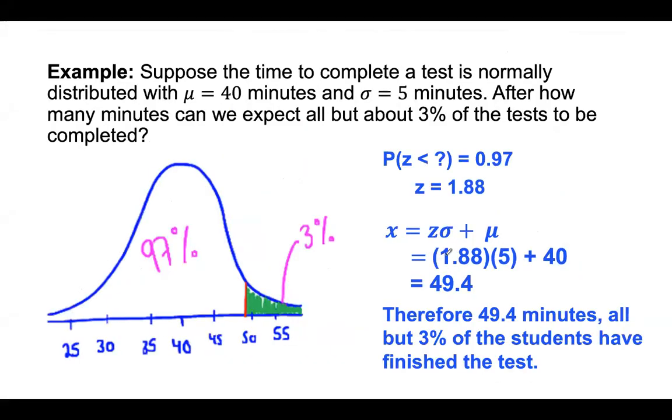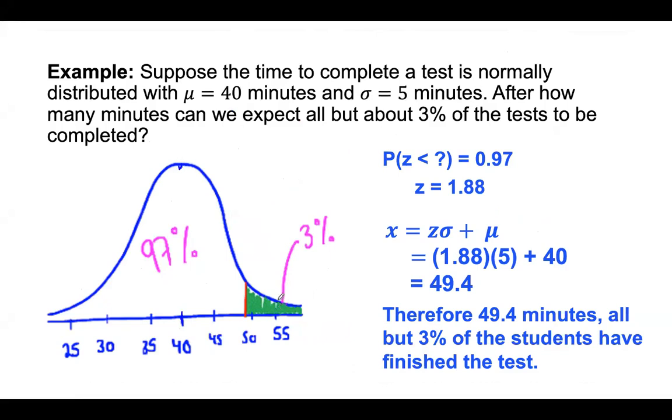Suppose the time to complete a test is normally distributed with a mean of 40 minutes and standard deviation of 5. How many minutes can we expect all but about 3% of the tests to be completed? So we know 40 is exactly in the middle.